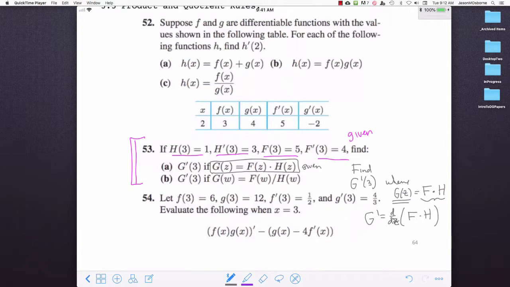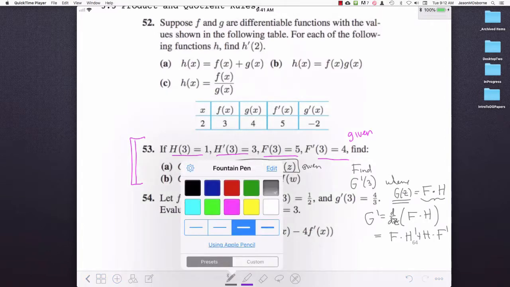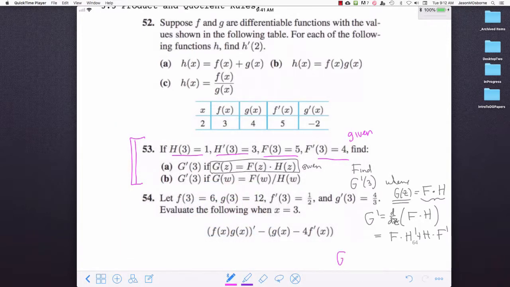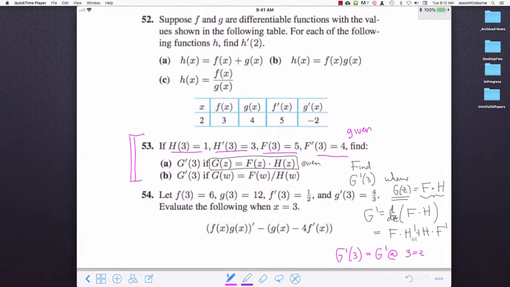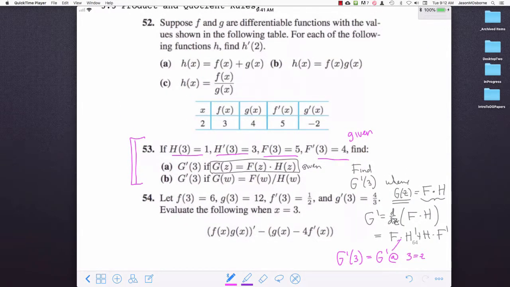So now we have our product rule kicking in. g prime is equal to f times h prime plus h times f prime. And then they wanted you to find g prime at 3, which means g prime at 3 for z. Okay? But you just put 3 in everywhere into the g prime formula.